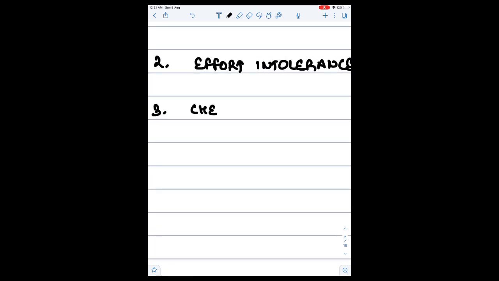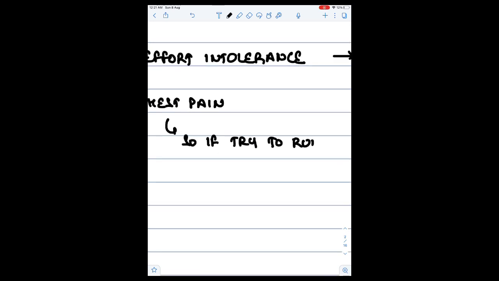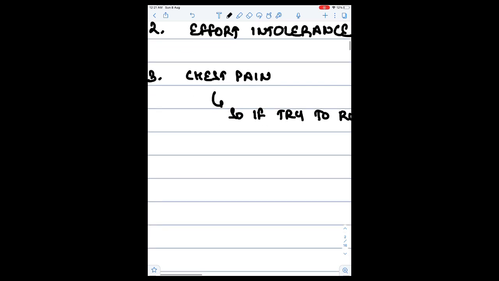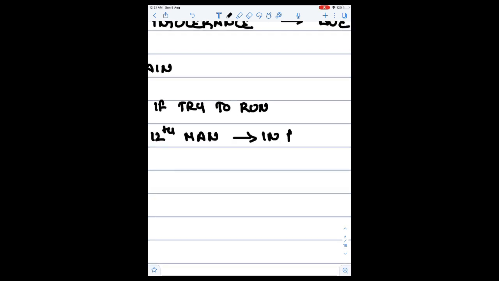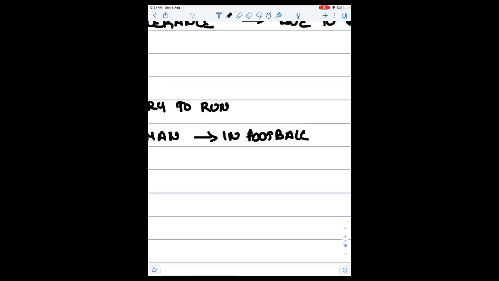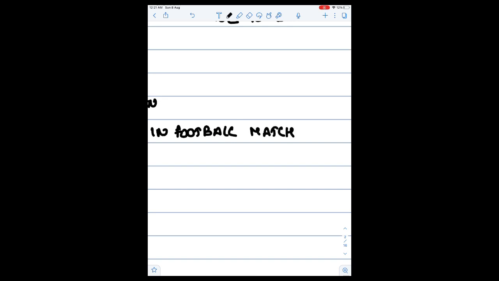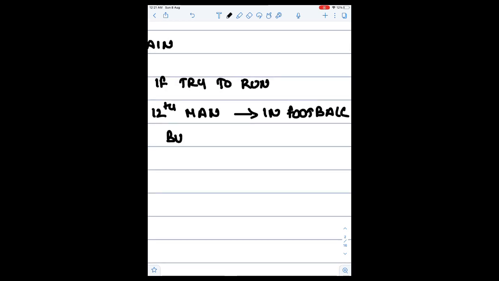And lastly, the patient will say, sir, I also complain of chest pain. Whenever I try to run, there is pain in my chest. He mostly says that no one includes me in a team, and whenever they do, I'm mostly the 12th man. In a football match, he can be seen as the 12th person.